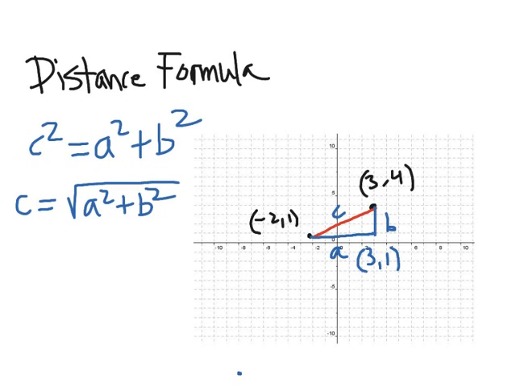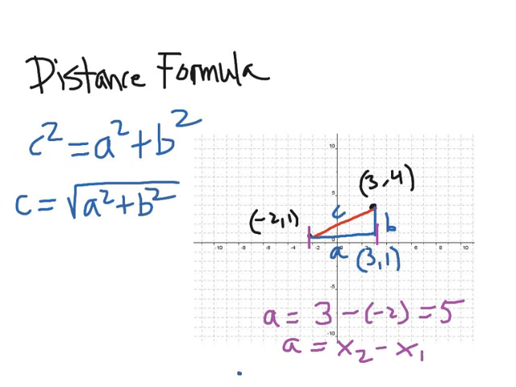Alright, now how long is A? Well, we start here at negative 2, and we end here at 3. That's a distance of 5. And the way we can get that distance is by subtracting the x coordinates. So I have 3 minus negative 2. That gives me 5, and that's the distance of A. So notice that A is x2 minus x1.